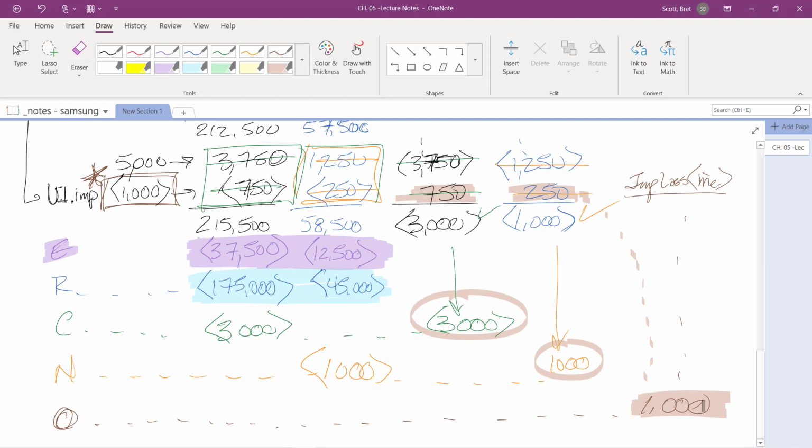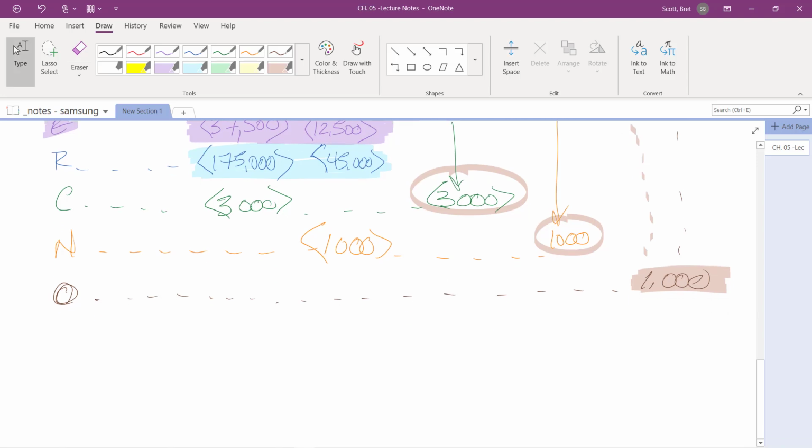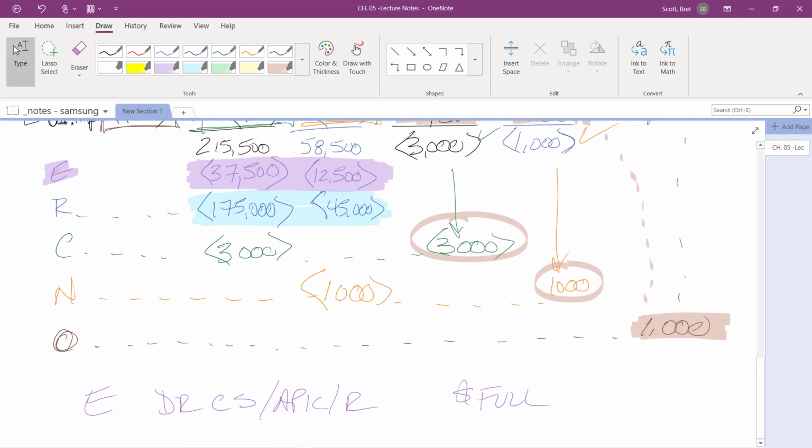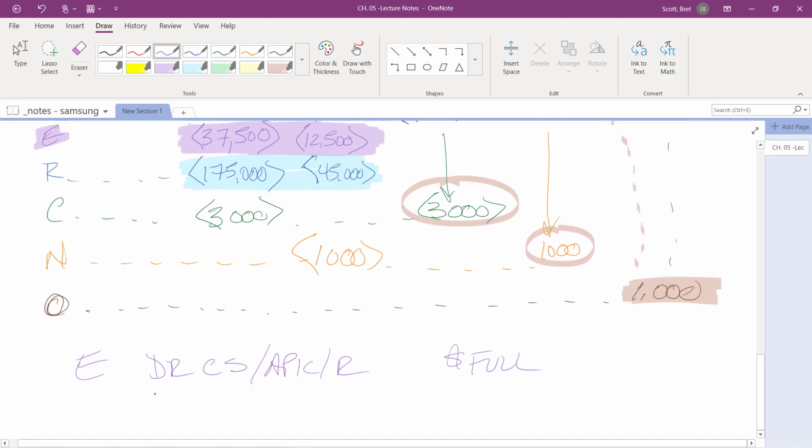Let's talk for a second about each one of these, just to be clear. When we're looking at journal entry E, remember that we're going to be debiting common stock or capital stock, APIC, retained earnings. We're going to do it for the full amount that we see on the subsidiary's balance sheet. In our case up above for journal entry E, we're breaking this out between our investment, I can write investment in DMI to the extent of 3750 500 and crediting the NCI.